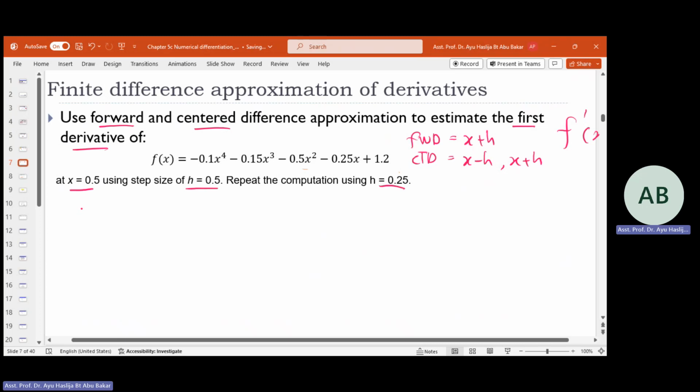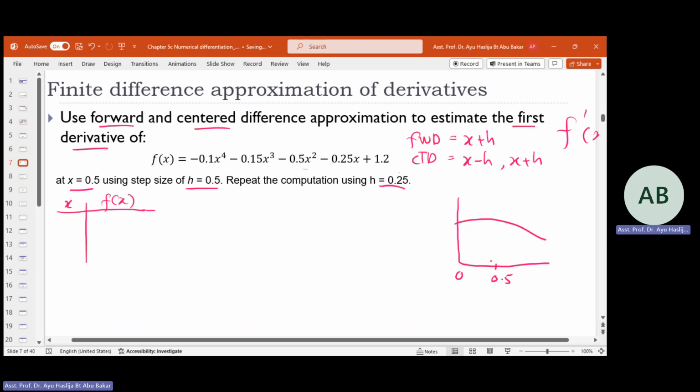Okay, I will advise you to do it in table form so that it is easier to look at. x and fx. x is mentioned at 0.5. Let's say you have the curve, something like this. x given is 0.5.